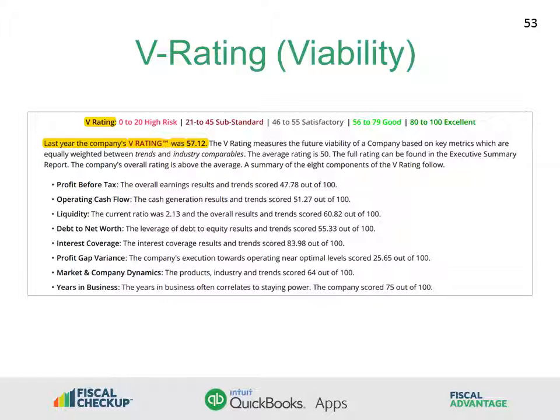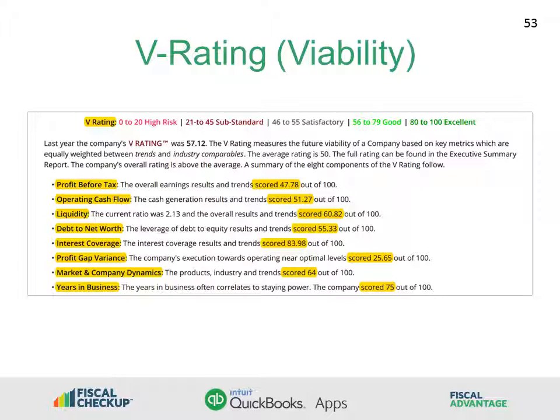The final section of this page summarizes the V or viability rating. In this case, the company scored a 57.12, a good rating. The V rating is comprised of 8 different variables known to predict the future viability of the company. The score for each variable is shown in the narrative.